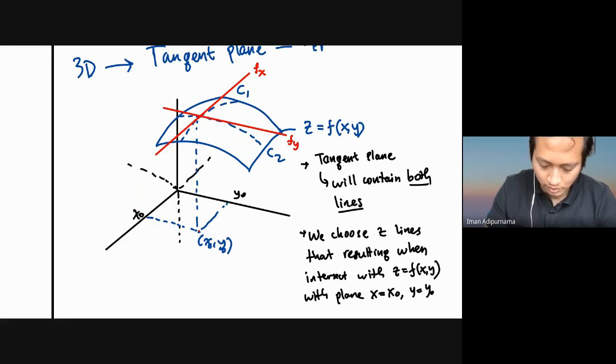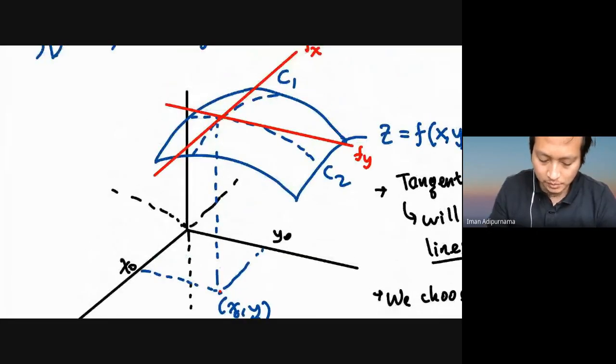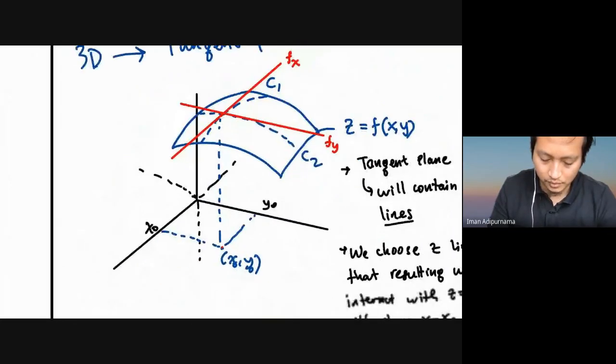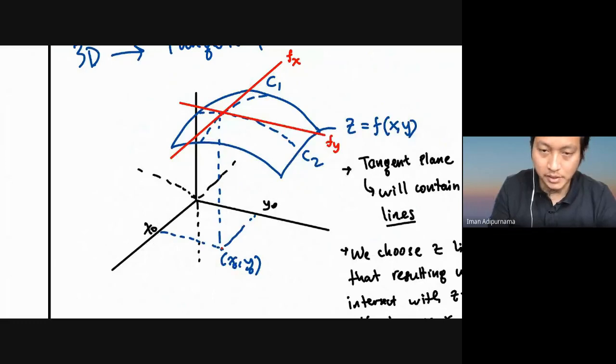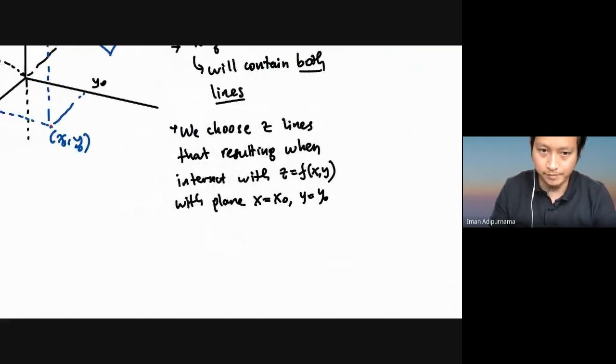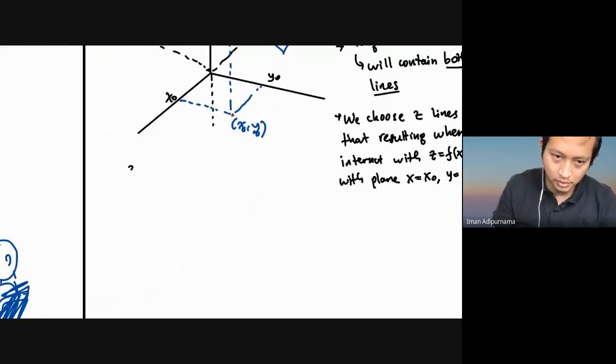Imagine there will be a plane at x0 and y0, and this point here is the intersection of the planes. All these lines came from a plane, the plane from x equal x0 and y equal y0. And how to make those planes? Let me write here. So the plane, we have the equations, as you know.